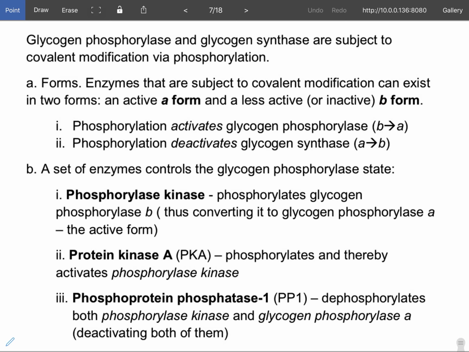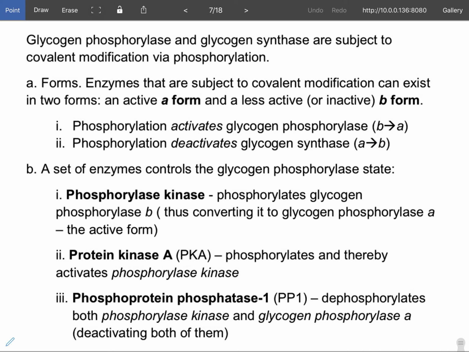So there's a key phrase here: phosphorylation activates glycogen phosphorylase. That is, adding a phosphate group to glycogen phosphorylase converts it from the inactive B form to the active A form. And then conversely, phosphorylation deactivates glycogen synthase, so it converts it from the active A form to the inactive B form.